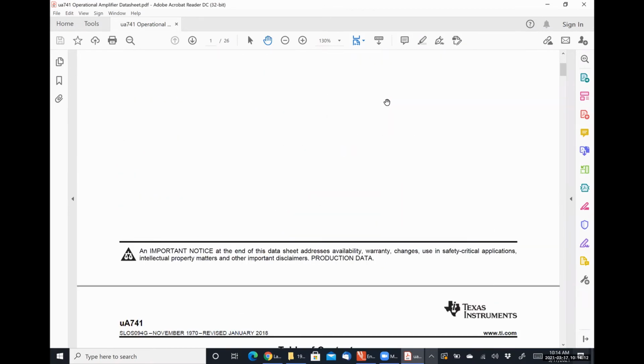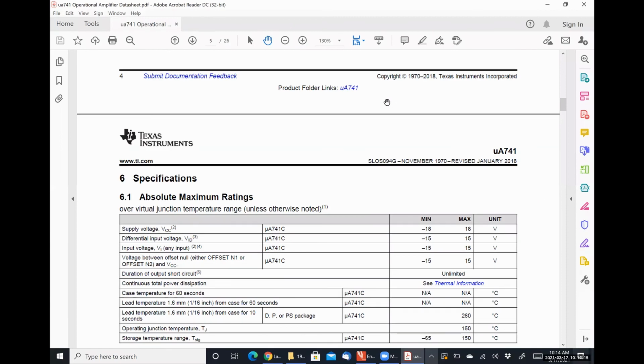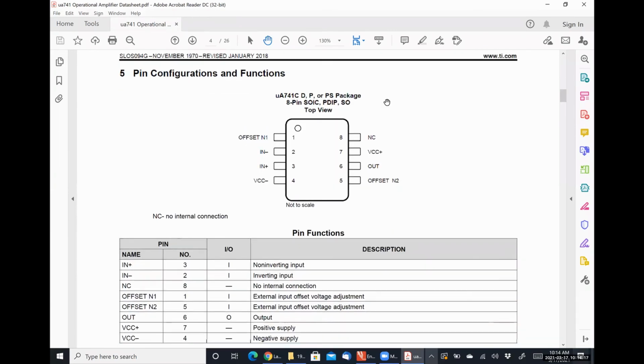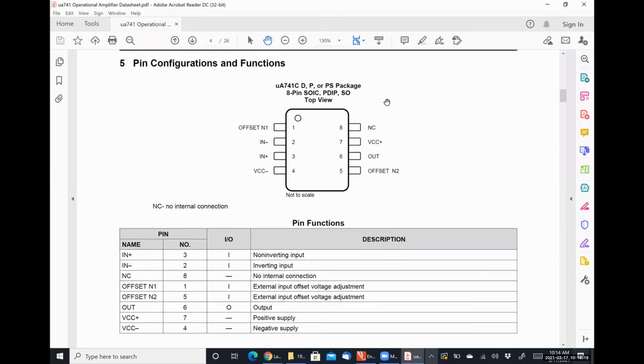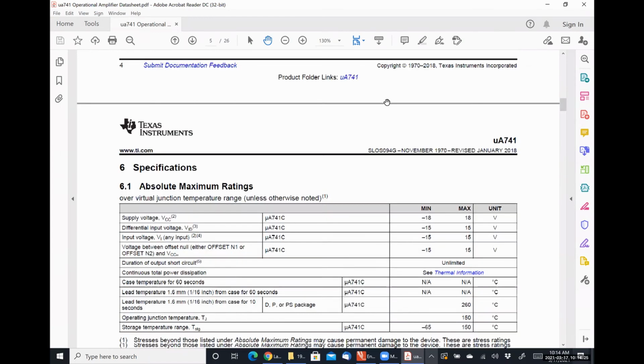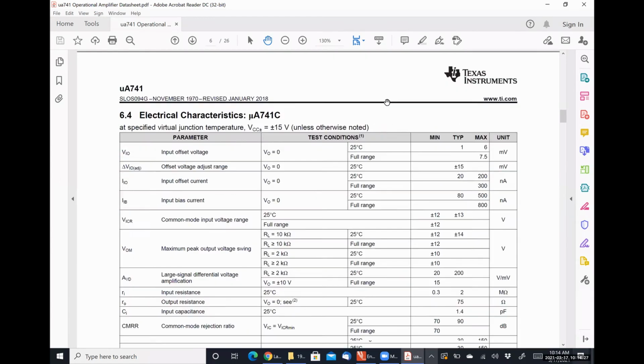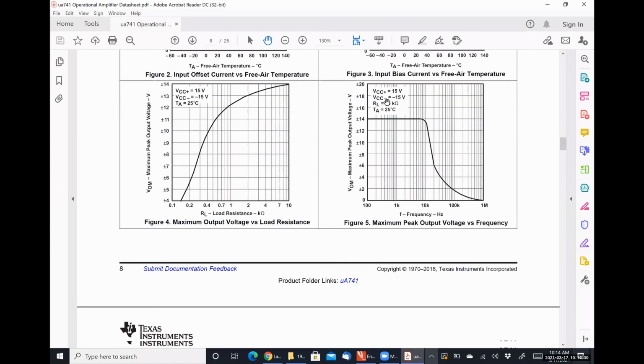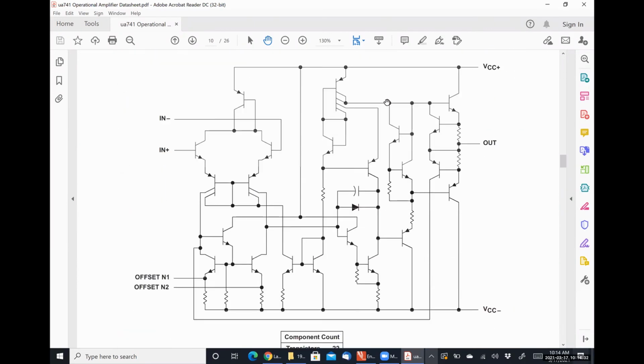So if we scroll, well, we can see it here. Offset null 1 is on pin 1, offset null 2 is on pin 2. No big deal there. But when we scroll down here, here's my functional block diagram.